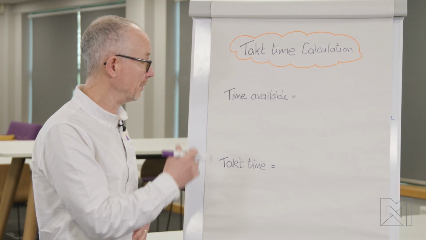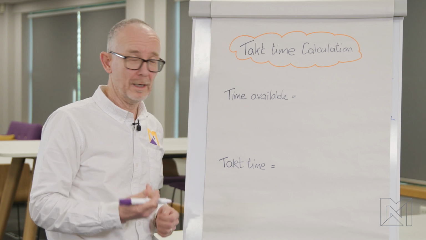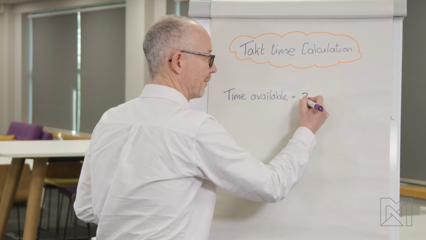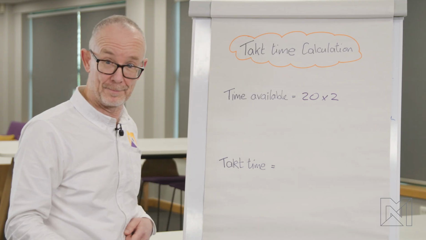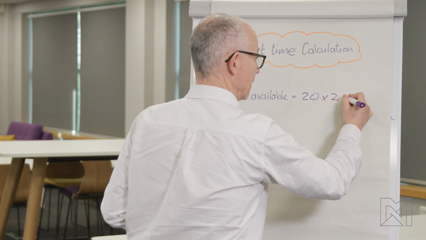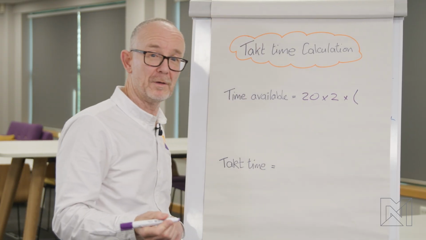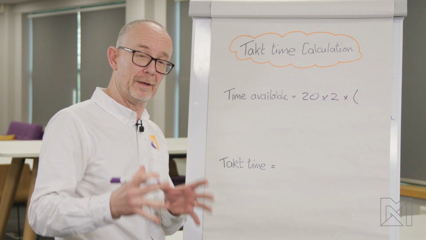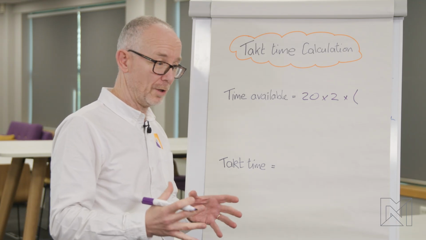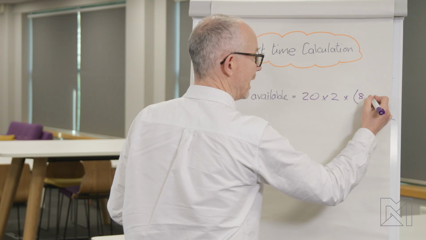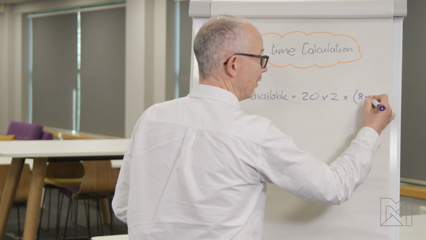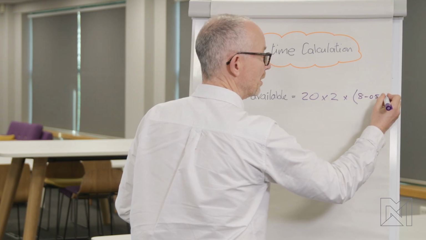So the time available, well, we've got 20 days, 2 shifts per day, times an 8-hour shift minus the lunch break and the 2 other breaks, which equate to an hour in total, because we have the 8 hours minus 0.5 minus 0.5.